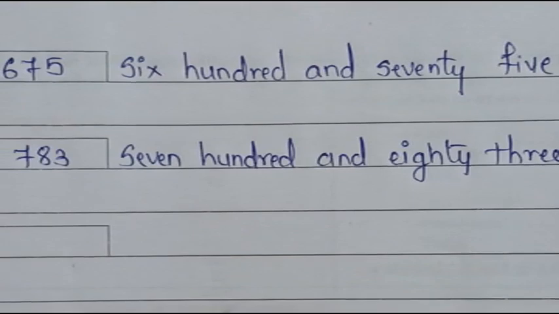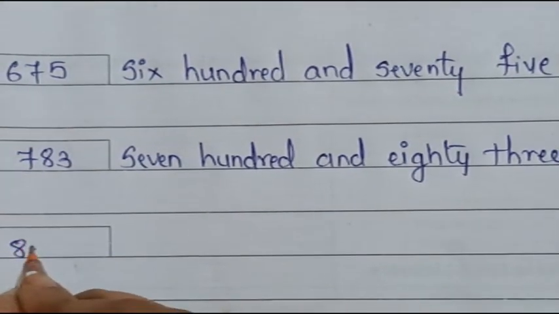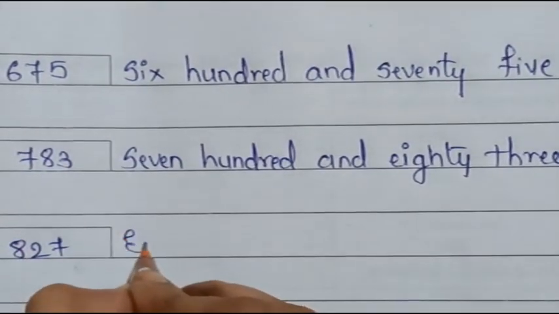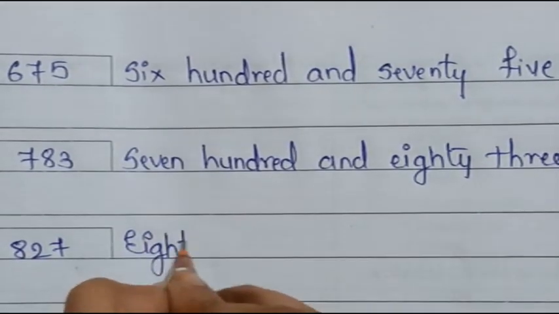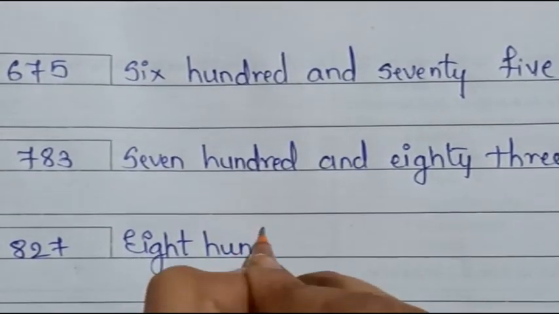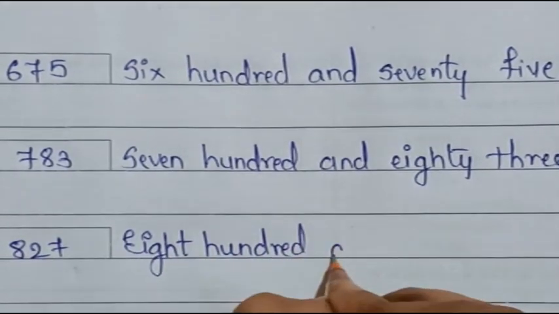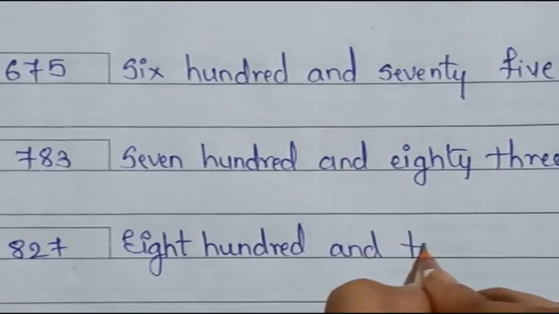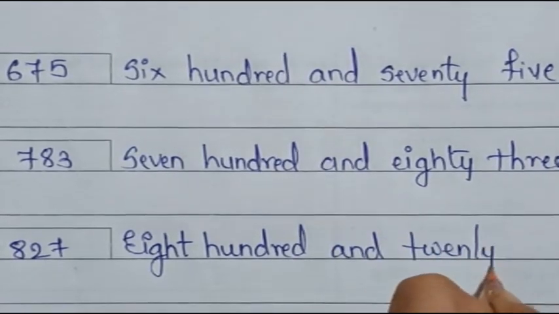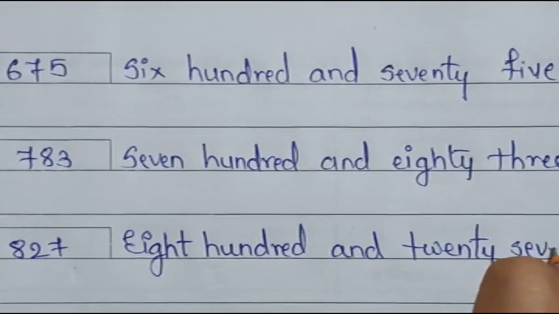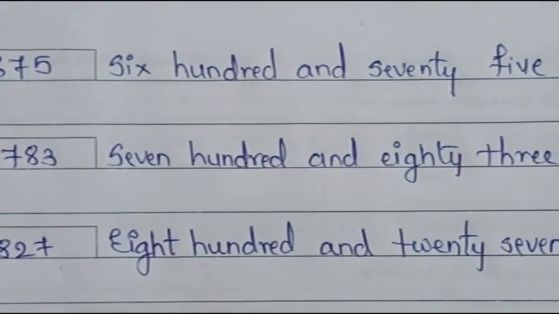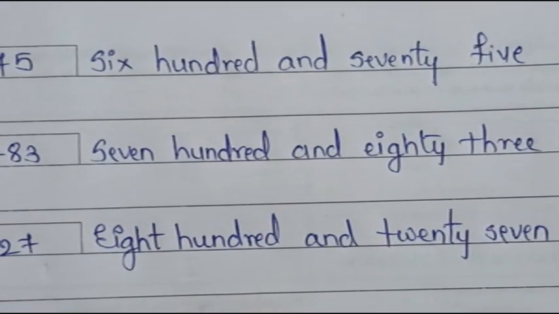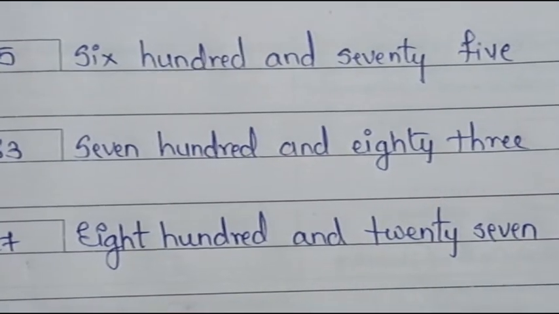The next number I will write it as 827. So in words I will write 827. Okay, 827. So with this I have completed with 3-digit numbers.